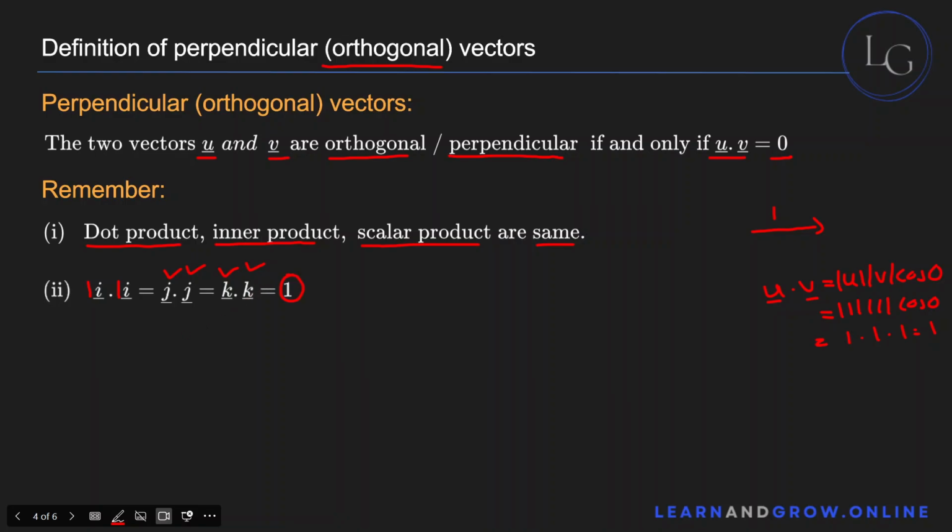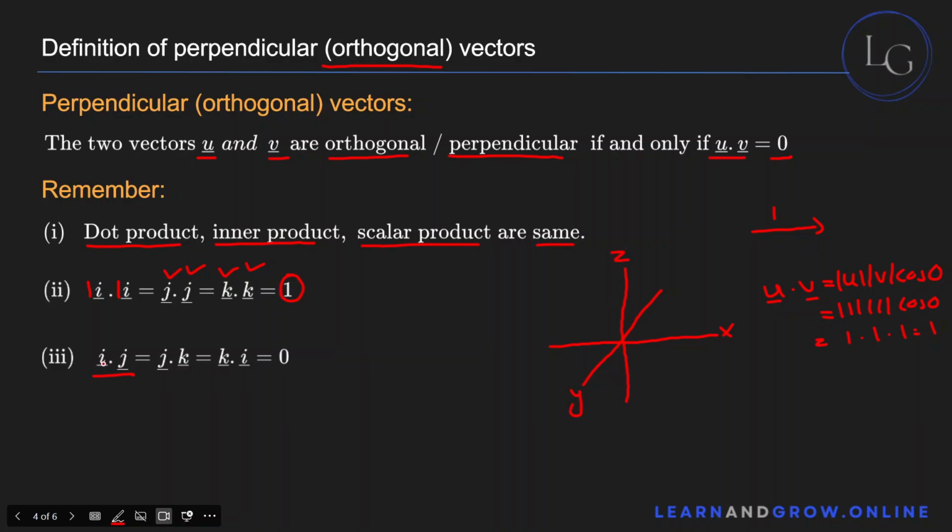We'll apply the same logic to perpendicular vectors. Remember that i into j, let's just say this is a 3D plane. Say that this is the x-axis, this is the y-axis, and this is the z-axis.